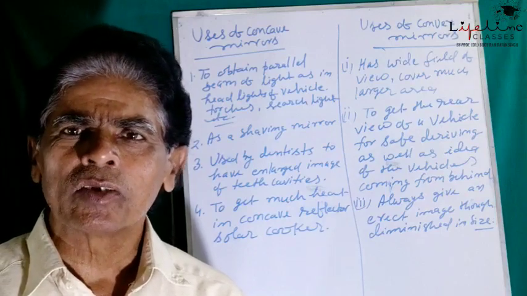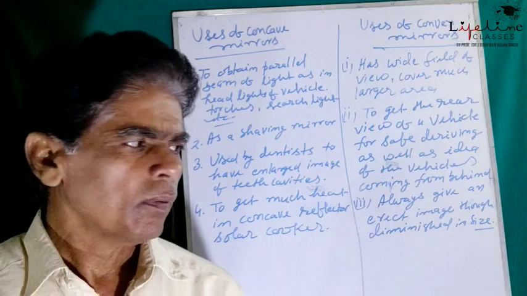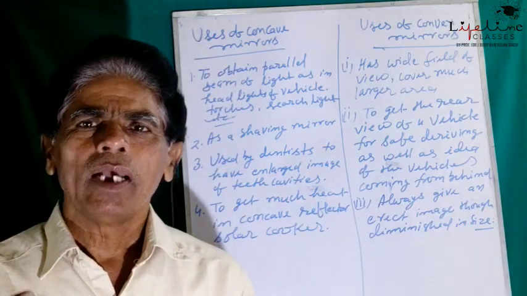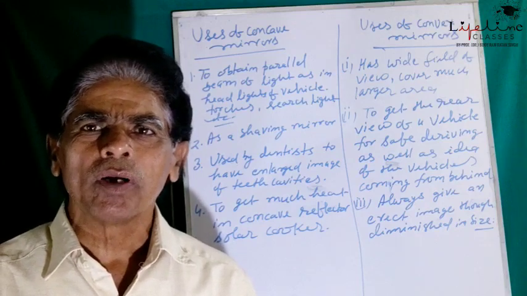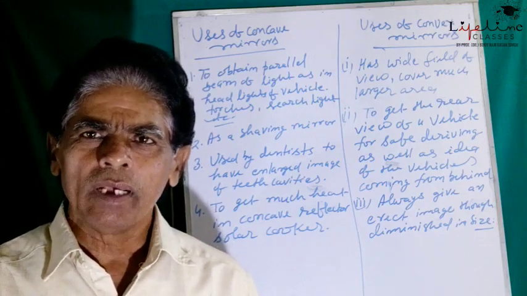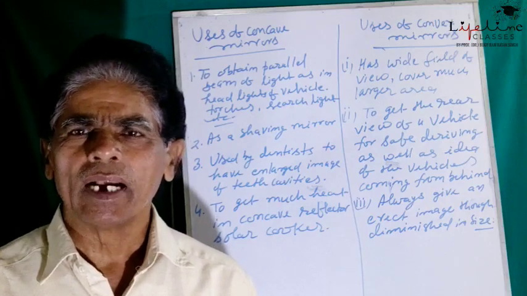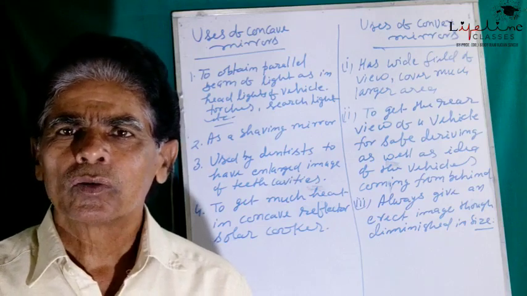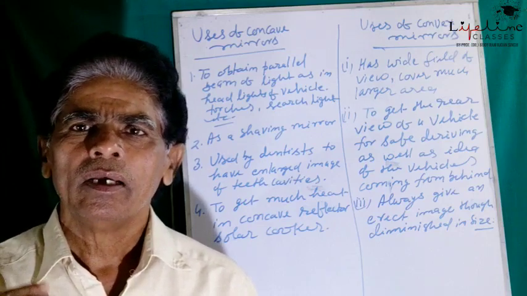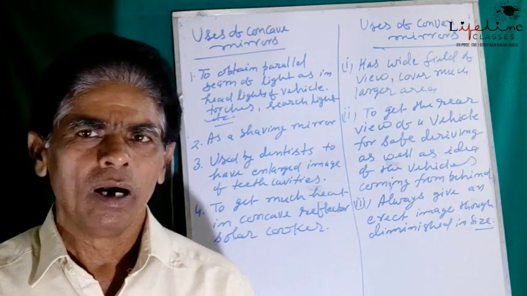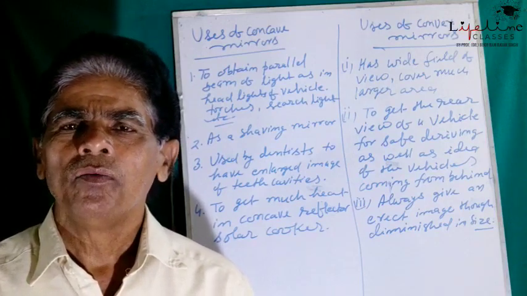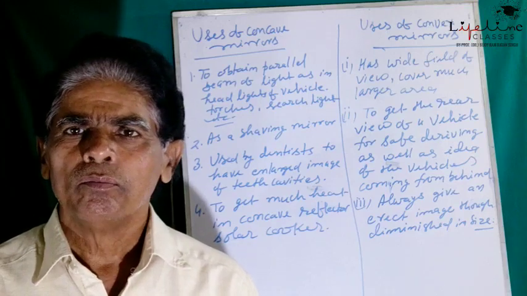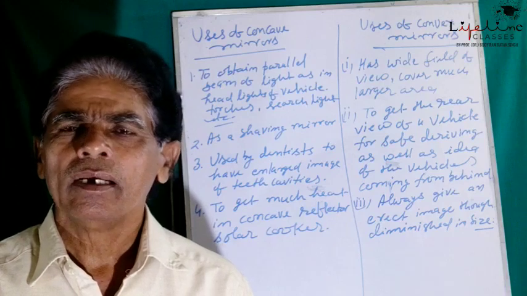When the object is placed between pole and focus, what happens? An enlarged, erect and virtual image is formed. The same principle is used here to get the enlarged image of our face so that we can see the hairs on the face distinctly, and we can shave the beard smoothly. Means we get a clean shave.